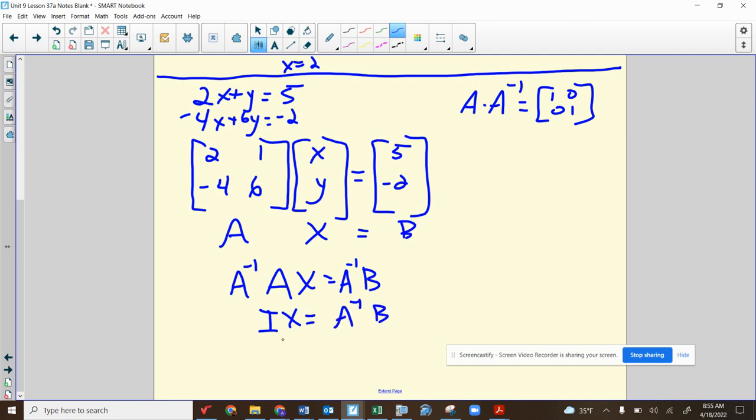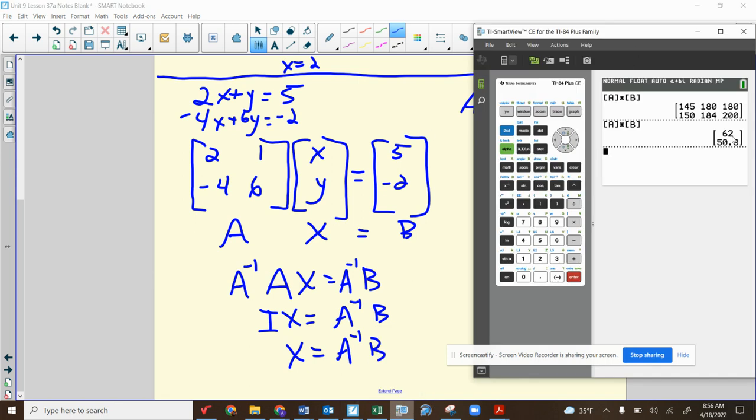And the identity matrix, when you multiply it to a matrix, is just that matrix. This is what I'm trying to find: I want X and Y by themselves so that I know what they are equal to. So by taking these two matrices, putting them into the calculator, and multiplying the inverse of A times B, you're going to get what X and Y are.